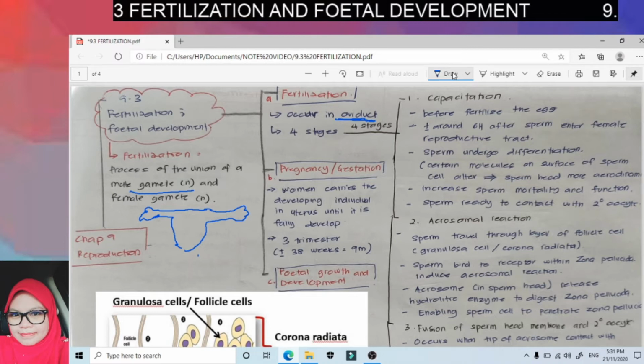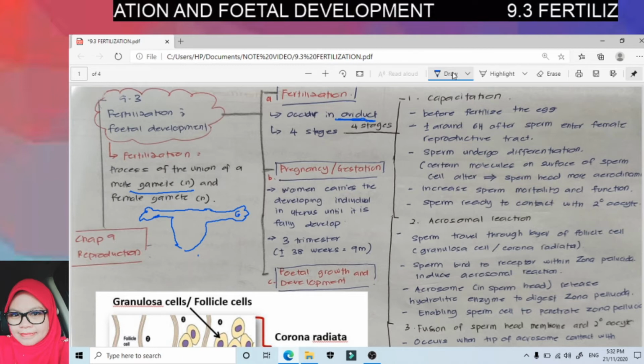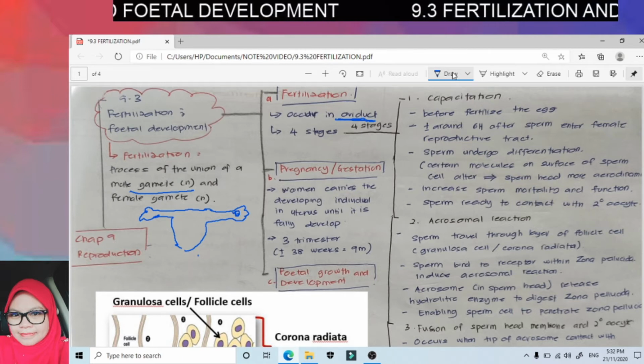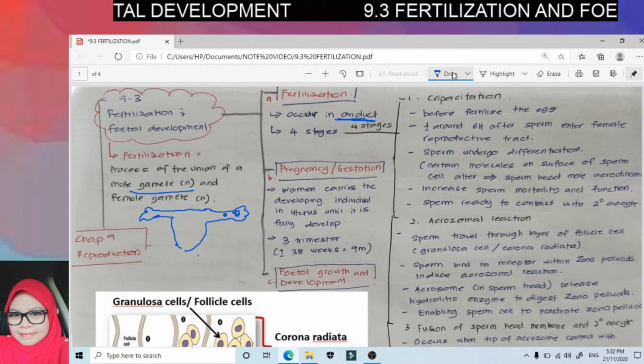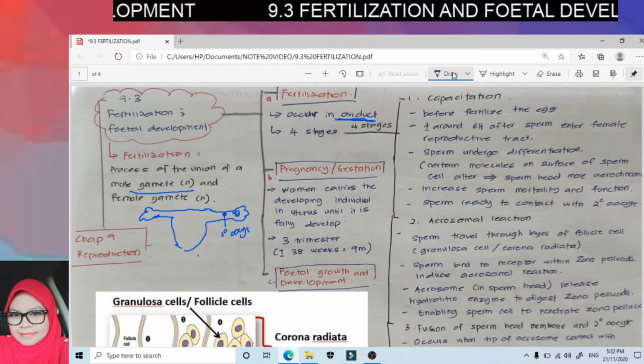So the Graafian follicle here in the ovary bursts, and it will release the secondary oocyte. Here is the secondary oocyte.